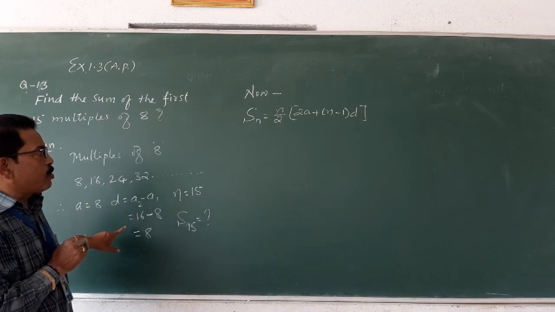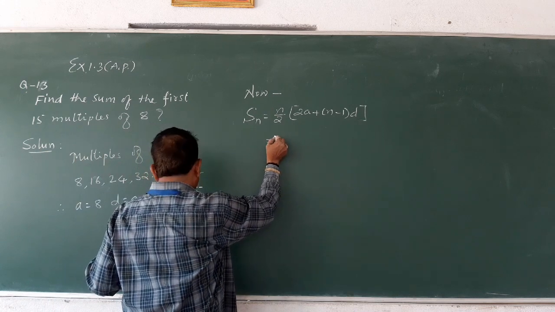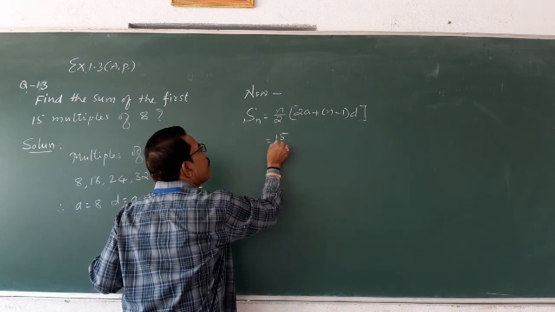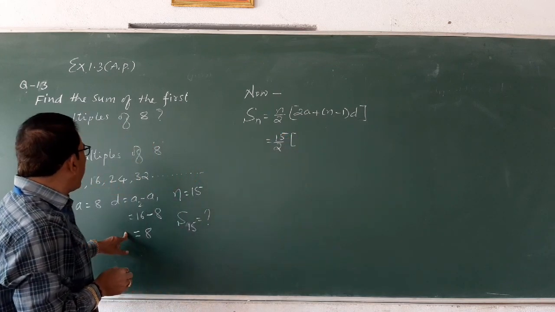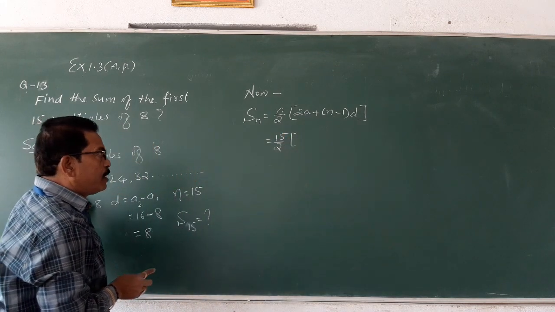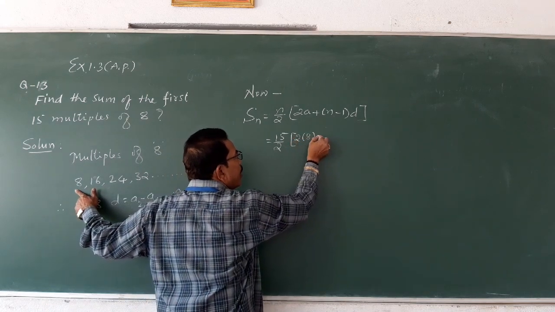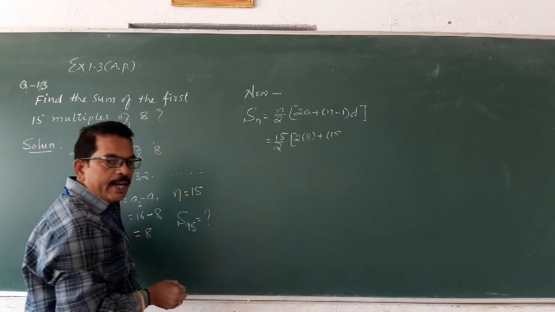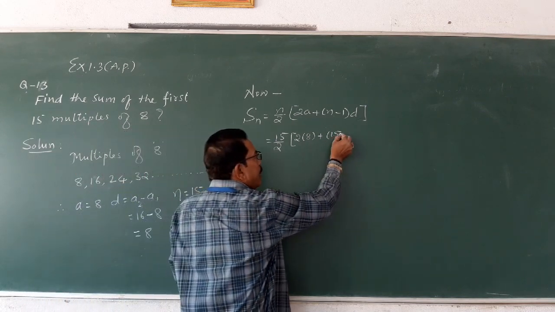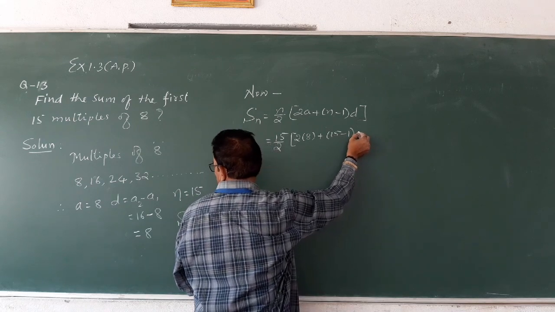Substitute the values that we have calculated. n by 2, n is 15, so 15 by 2. Then 2a, a is the first term, that is 2 into 8, plus n minus 1, that is 15 minus 1, and d is 8.